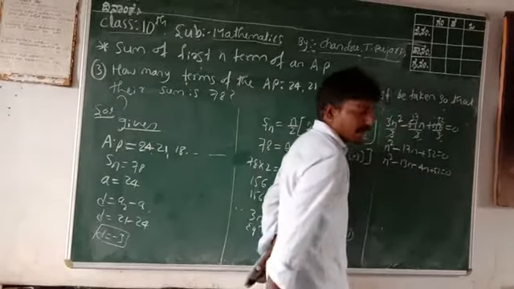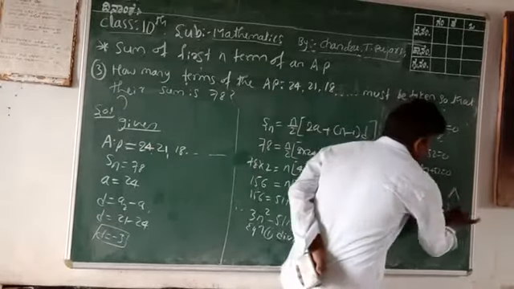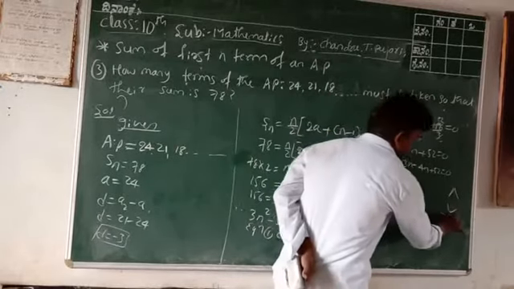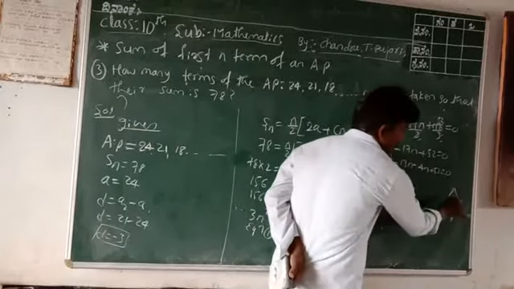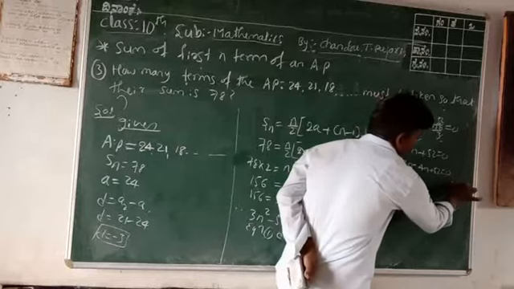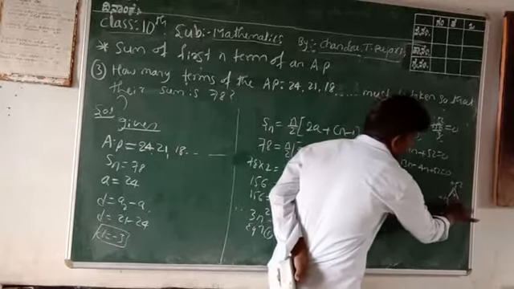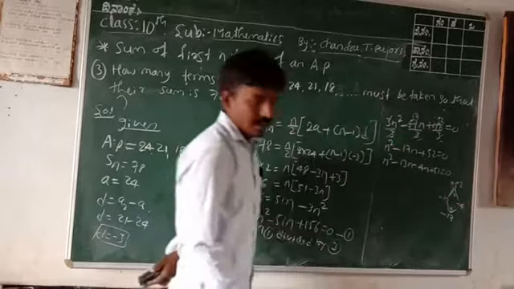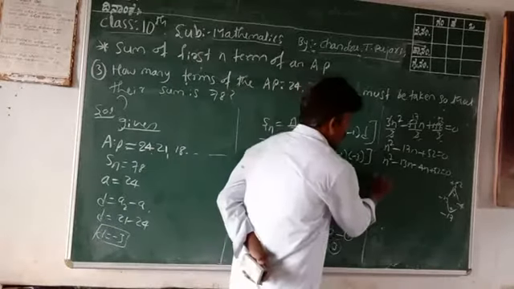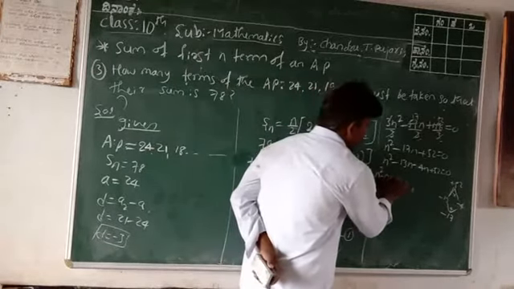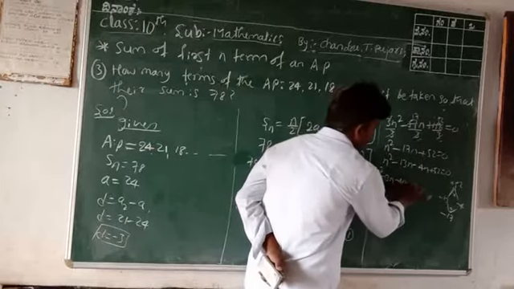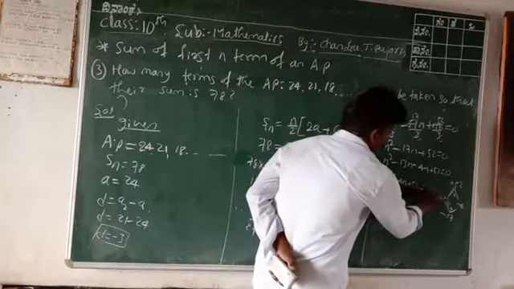Next, the solution of this is by the middle term splitting method. The addition of these two terms is minus 17 and the multiplication is plus 52, so you can take minus 13 and minus 4. This is our condition. Therefore, n square minus 13n minus 4n plus 52 is equal to 0.